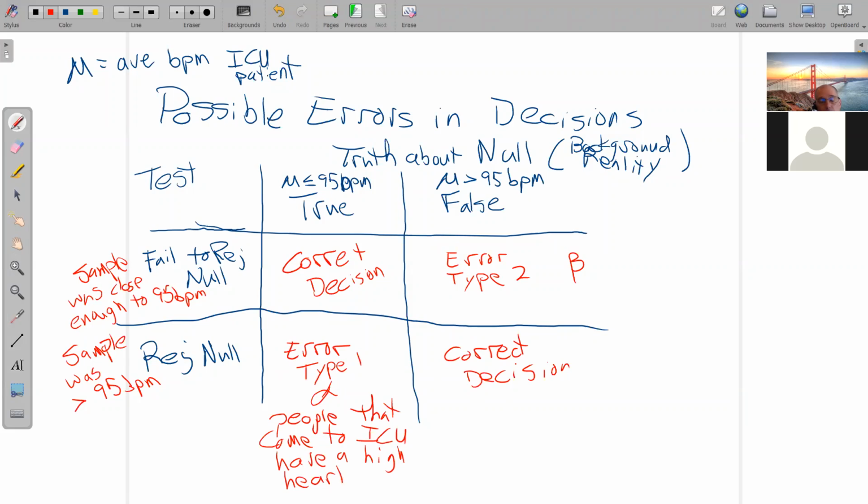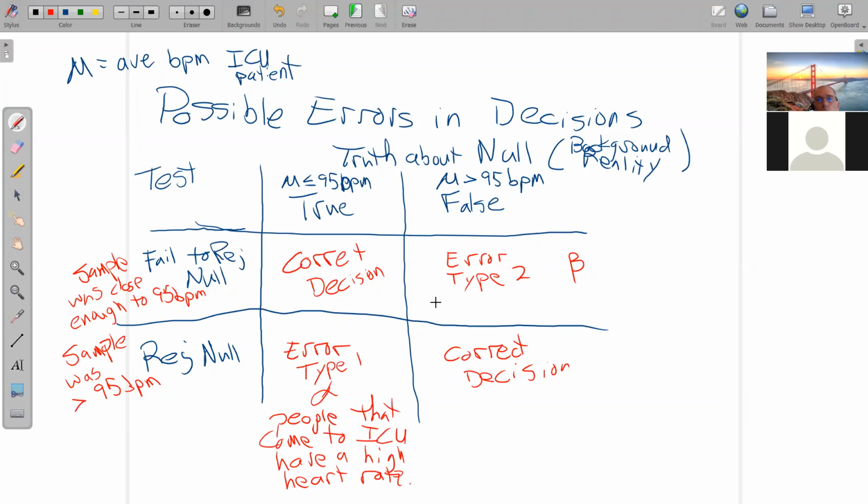And that's a sign that something's wrong, right? But reality is, no, it turns out people in the ICU don't necessarily have a high heart rate. So if somebody comes in with a high heart rate, I say, oh, you have a high heart rate, we better check you in. Okay, we check them in, nothing's wrong. Over here, what happens here? So here we say the average heart rate is around 95.